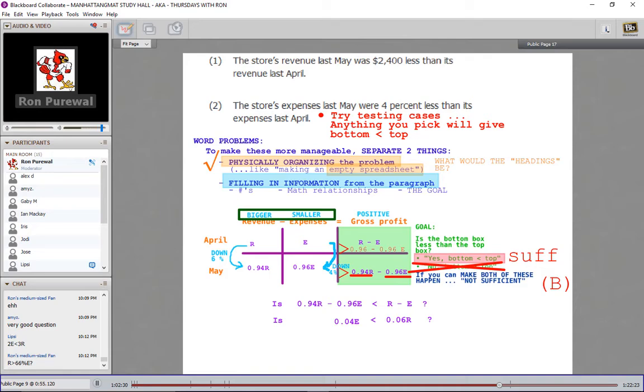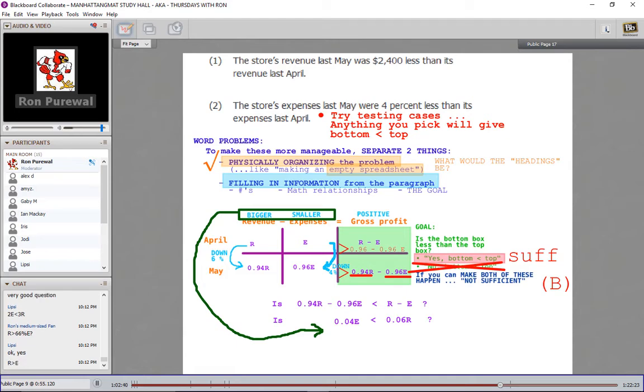So if you think about it, R is bigger than E. So this is 4% of a smaller thing, a smaller percentage of a smaller quantity. And this is a bigger percentage of something that is already bigger.